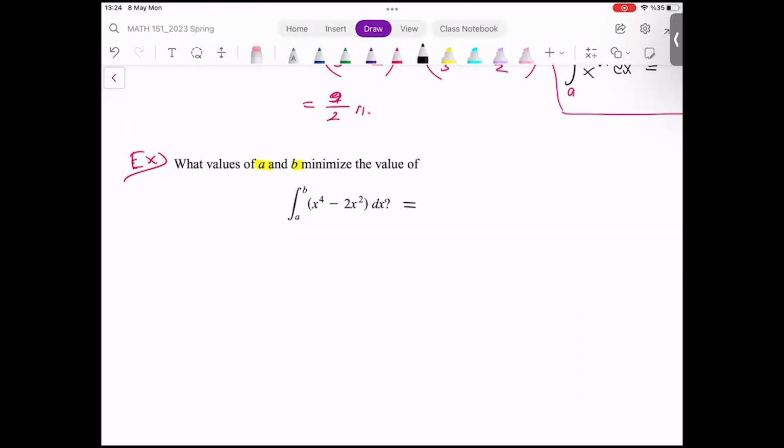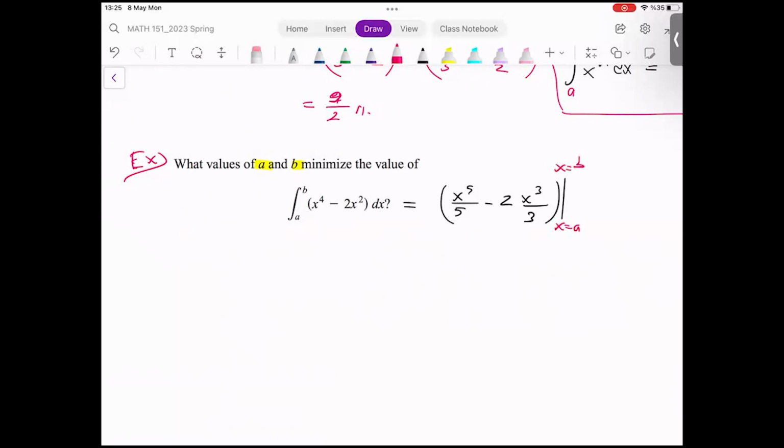Okay, how do you compute this definite integral? You add 1 to the power, divide by the same power. This is the antiderivative of x to the power 4, right? Minus 2 is a coefficient, it is constant, it stays there, and then the antiderivative of x squared is this. We take the integral, and now it is time to insert the upper and lower bounds from x equals a to b.